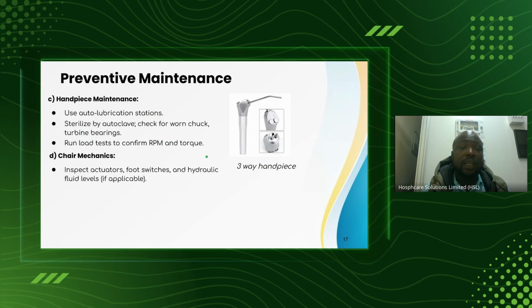What causes the cartridge failure? I've mentioned unregulated pressure, high pressures causing a lot of heat generation inside the turbines, the absence of water for cooling, lack of maintenance. Remember, after drilling, some parts of the teeth are clogging in the cartridge and the handpiece as a whole.